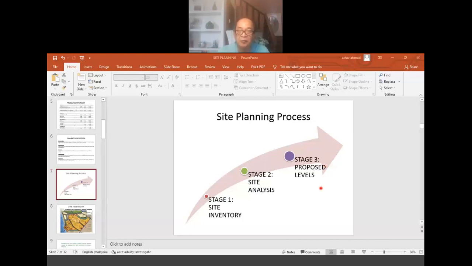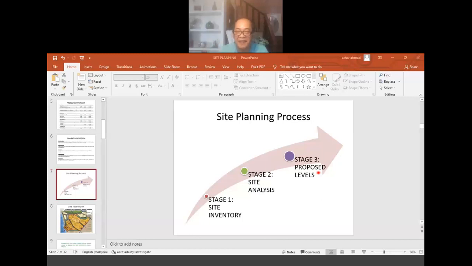So a lot of this lecture today, this morning, is based on stage 1 and stage 2 that you will need to come to understand and to visualize, so that you can come to a stage where some overall proposed levels can then be proposed, okay, for the overall site. And that is where the earthwork's most important criteria is, that is the proposed levels.